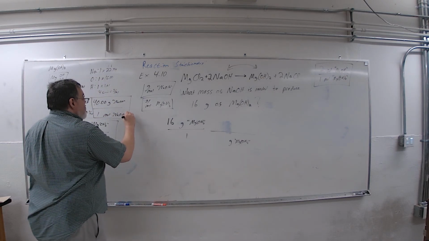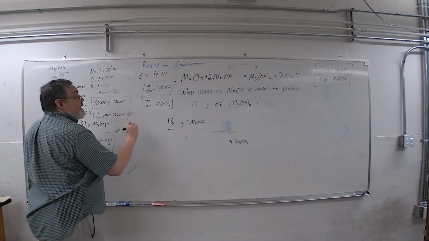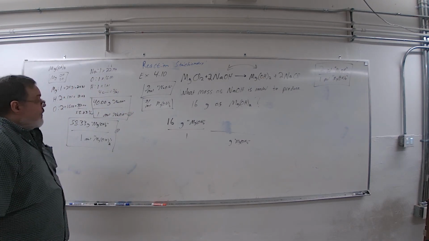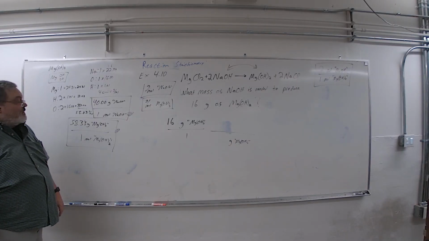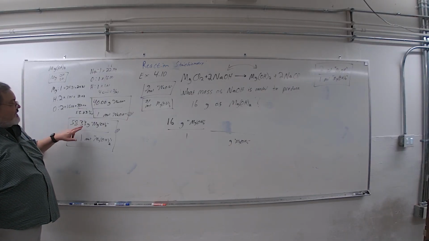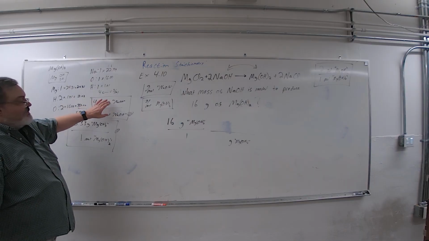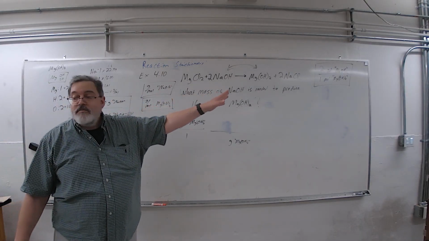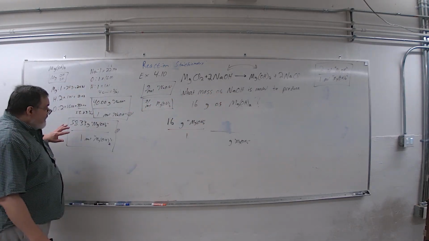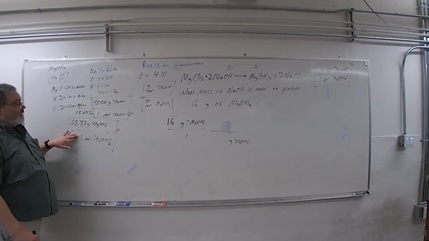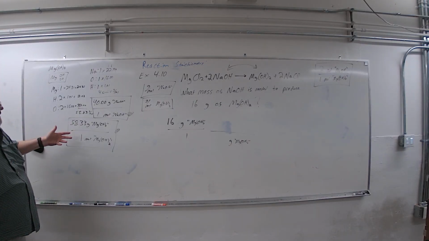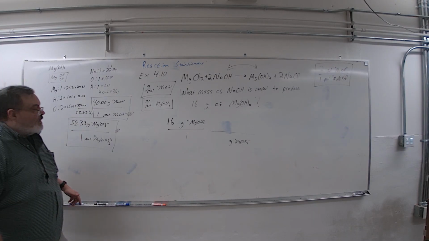If you look at the things we're using, where do you see grams of Mg(OH)2? You see grams of Mg(OH)2, but there's no grams of Mg(OH)2 over there. That tells you this is the next thing to put. And we're going to use it flipped over because grams is on the bottom.